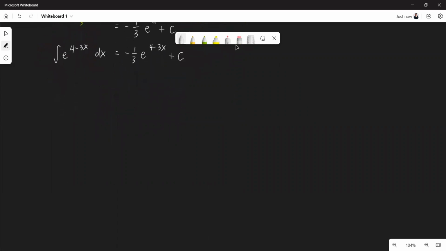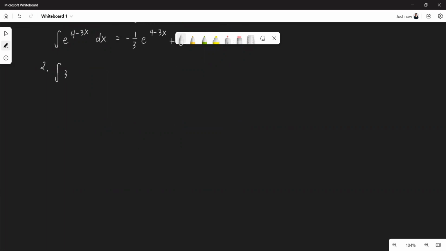Now we go to the next one. So if we are going to have trigonometric examples, trigonometric functions here. If you look at the given integrand, you see there's a constant as the base, so it's an exponential function.